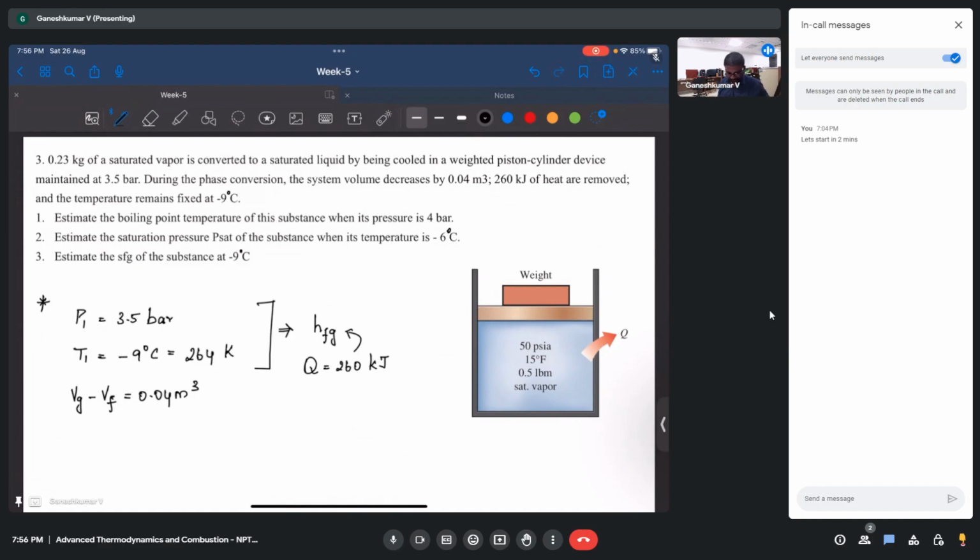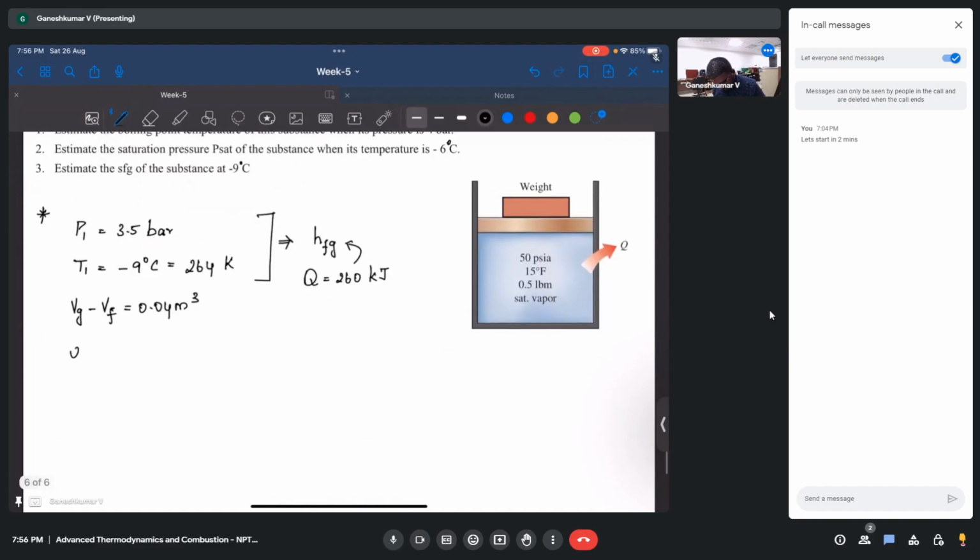From this we can find the specific volume: Vg minus Vf divided by total mass.